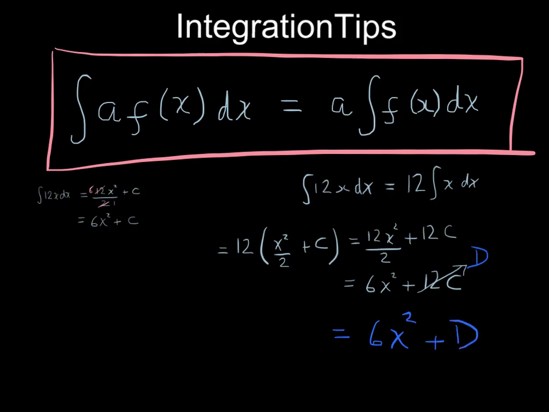So we've got two answers, 6x squared plus c and 6x squared plus d. Really, they're just different letters. I could even have just written c and not worried about the 12. Because the constant of integration is unknown, all it has to do is differentiate to 0 to get back to your original answer, so we don't really need to worry about it.